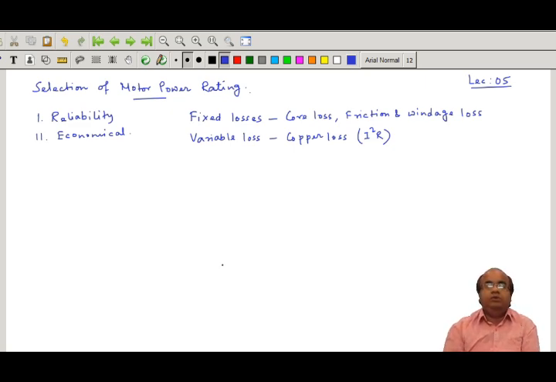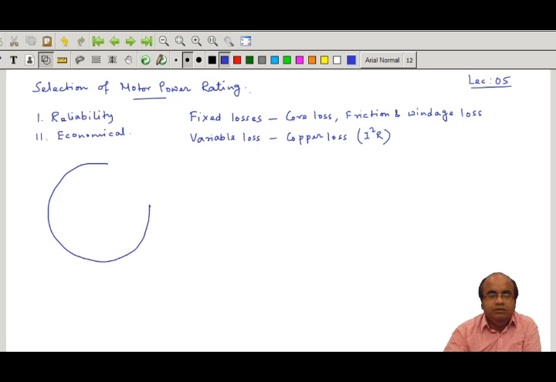Now, when a motor is running, fixed losses and variable losses occur continuously, and these two losses appear as heat losses. Say this is the stator part of the motor and this is the rotor.